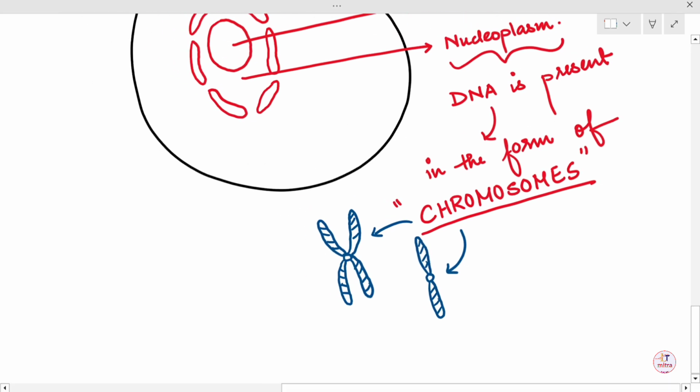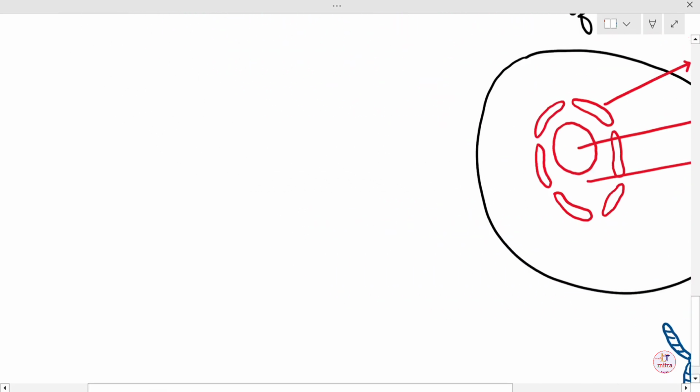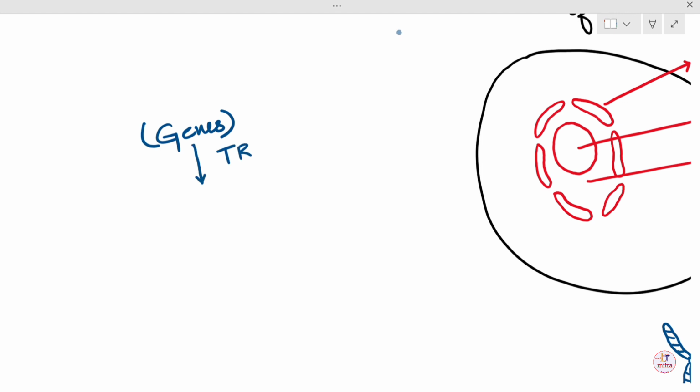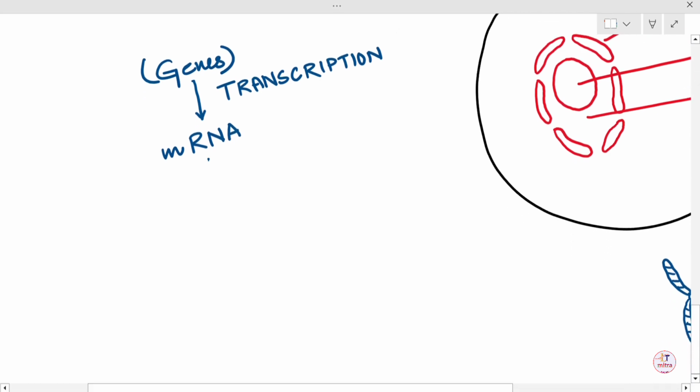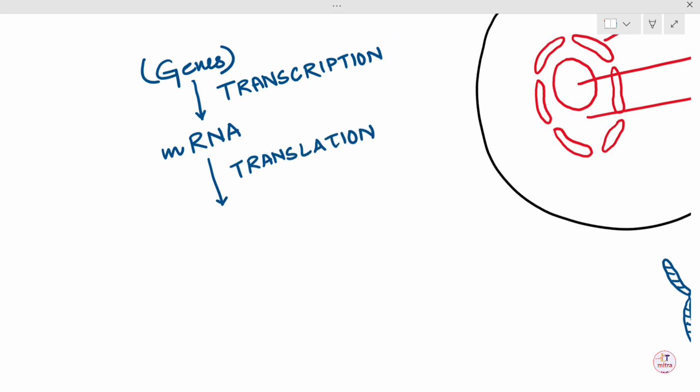Now, how do these genes get converted to proteins? We will see that genes first get transcribed to mRNA. Then this mRNA gets translated to proteins.